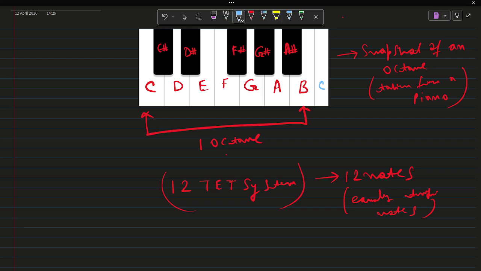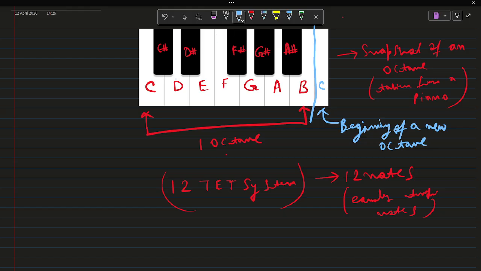So this is nothing but the beginning of a new octave higher than this. Okay, the beginning of a new octave higher than this, right?